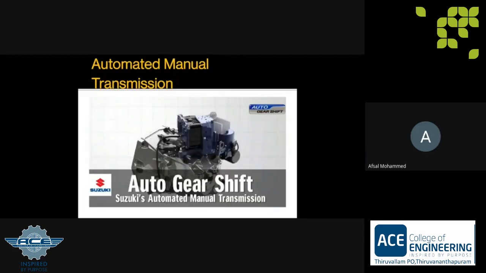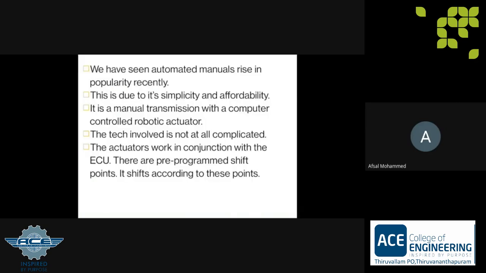Okay, so first of all, we will be looking at the automated manual transmission. There's a reason I've chosen this to go first, and that is because an automated manual transmission is not completely an automatic transmission. It uses a basic manual gearbox, which is shifted by a robotized actuator. In a manual car, when we depress the clutch, a cable is moved, and the cable disengages the clutch from the engine.